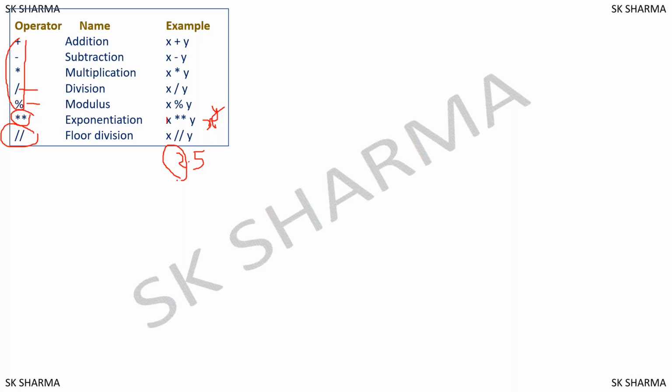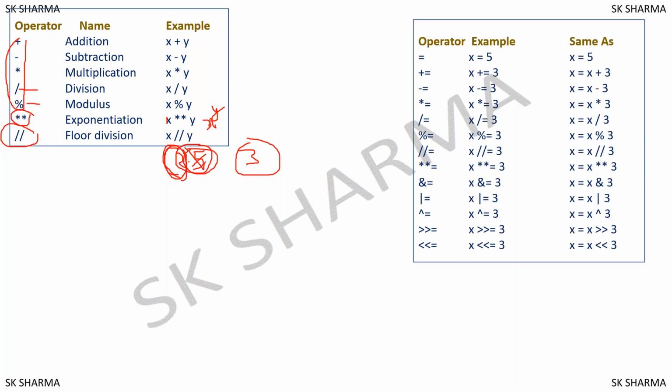In our house there are two, one is the floor and one is the ceiling. So 2 is the floor, 3 is the ceiling, and 2.5 is somewhere in the middle. The floor value is the lower value, which is 2. So floor division gives us the lower value, and 2.5 won't be shown here. All right, so this is the arithmetic operator.